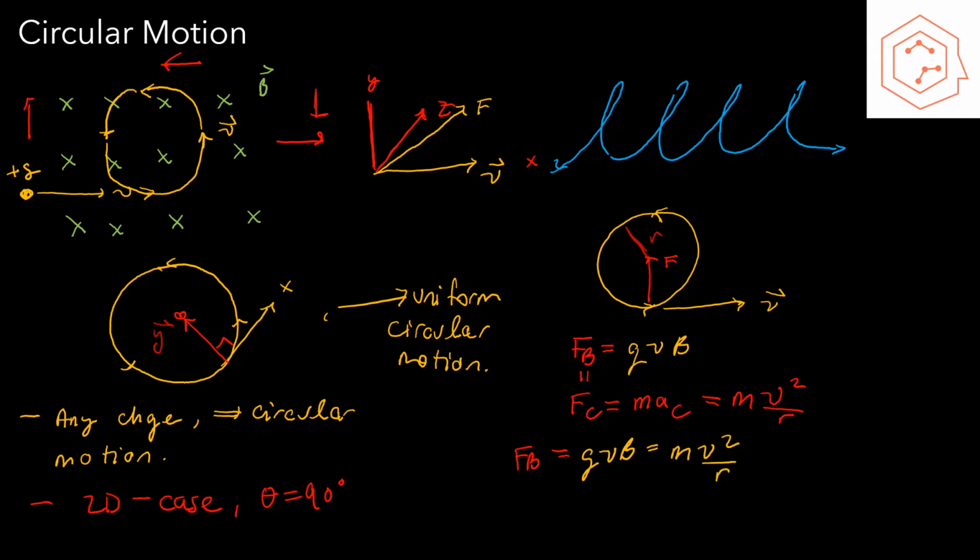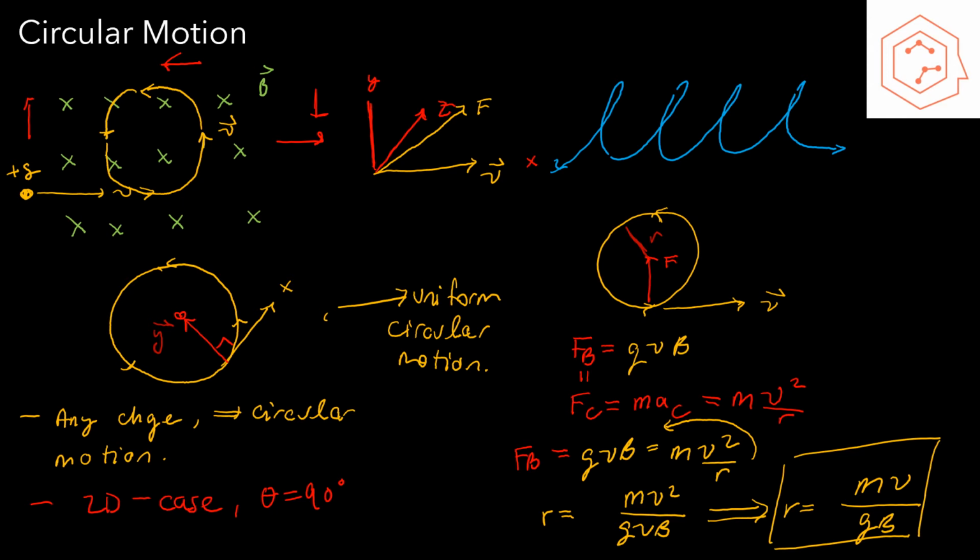And if we isolate for r, so we multiply by r and divide by qvB, then we get that r is equal to mv squared divided by qvB. Two of the v's cancel out, and we get a final expression for the radius of the circular motion of a charge, which is equal to mv divided by qB.